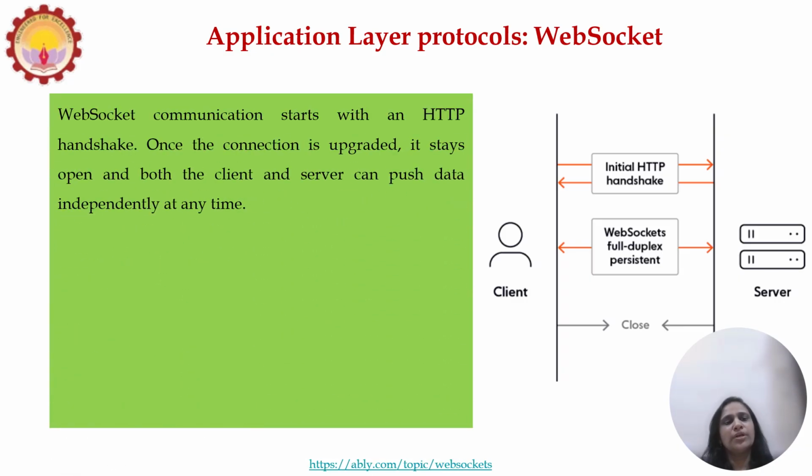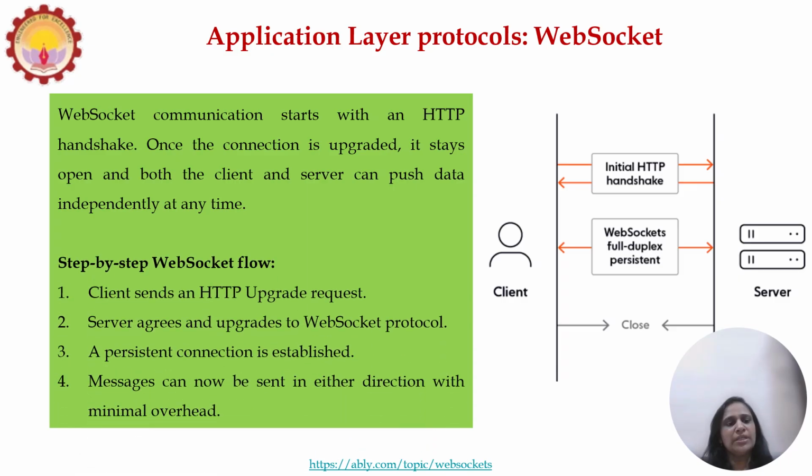WebSocket communication starts with an HTTP handshake. Once the connection is upgraded, it stays open and both the client and server can push data independently at any time. The step-by-step WebSocket flow is: the client sends an HTTP upgrade request, then the server agrees and upgrades to the WebSocket protocol, then a persistent connection is established.